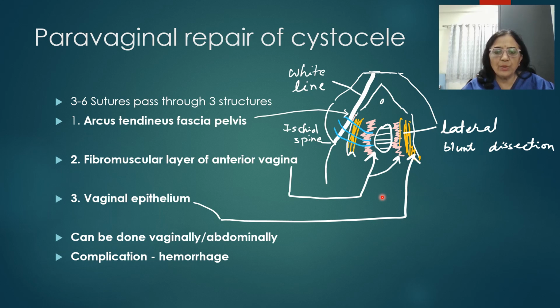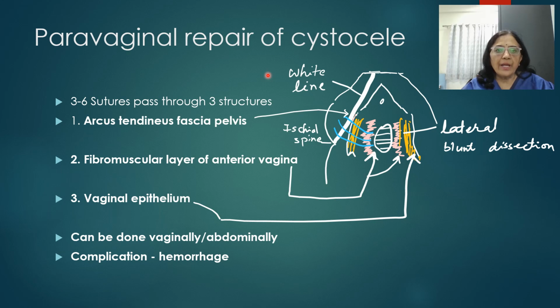Now this lateral defect is because level 2, that is the arcus tendineus fascia pelvis, which is supporting the middle one-third of the vagina, is getting detached from this fibromuscular layer of anterior vaginal wall, and that leads to the development of this lateral defect, leading to the cystocele, which is either present in the midline as well as laterally on one or both the sides, or sometimes only a laterally placed cystocele is seen.